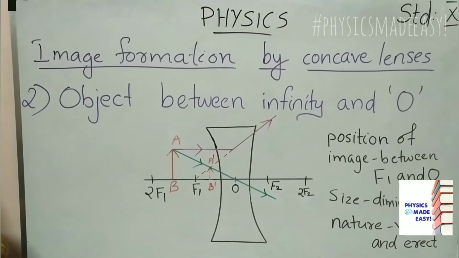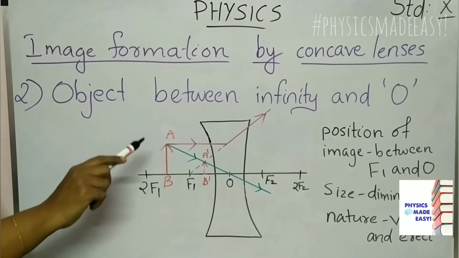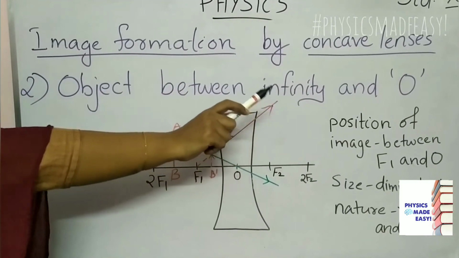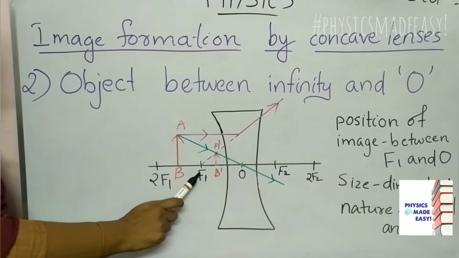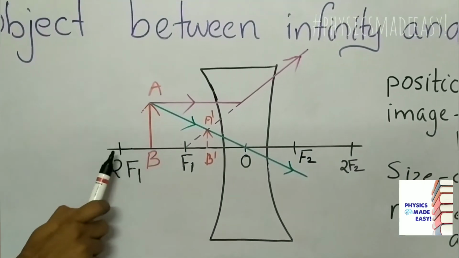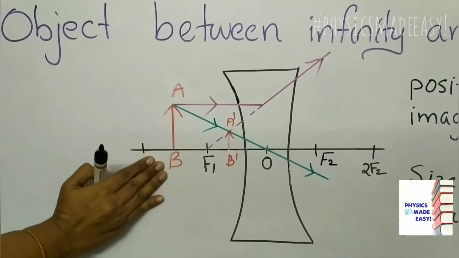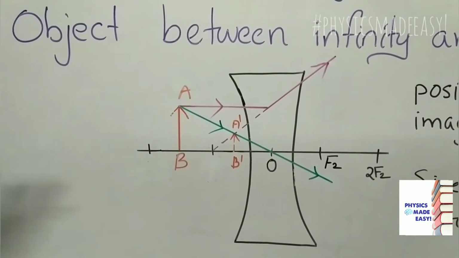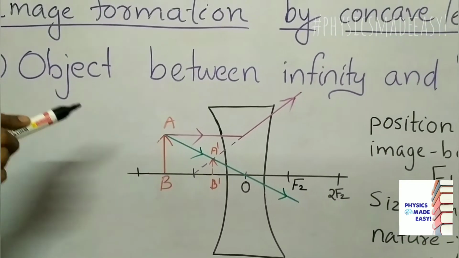Next case: here you can see the object is placed between infinity and O. I wrote it like that here, but you can see the object is placed between F1 and 2F1. Here there is no need of these two points. Children, anywhere we can place the object in the case of this concave lens.